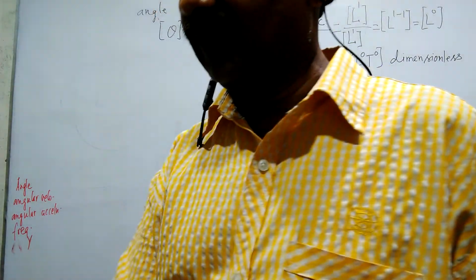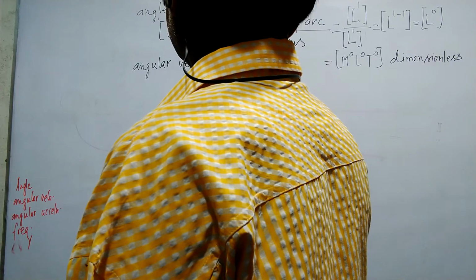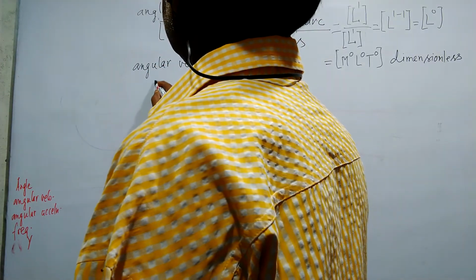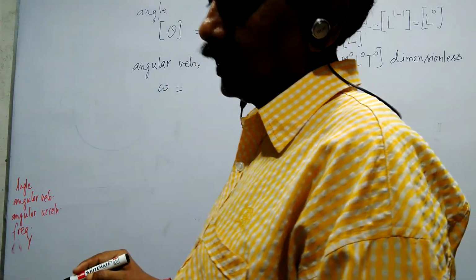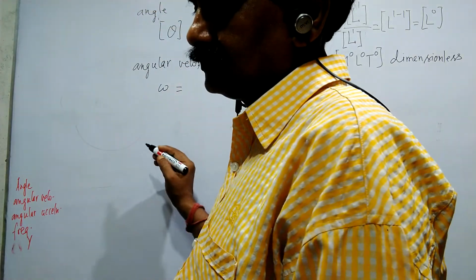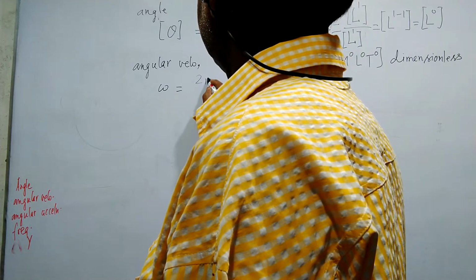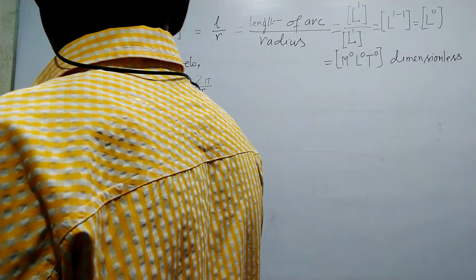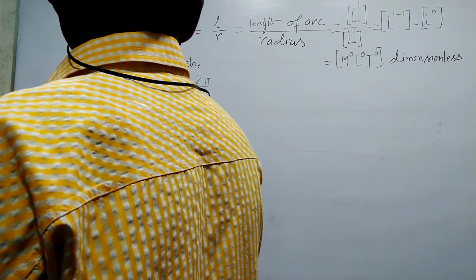Now let us take angular velocity. Let us try to find out the dimension of angular velocity. We write it as omega. Then what do we know? Omega equals angular displacement 2 pi by t. Angular velocity is omega.